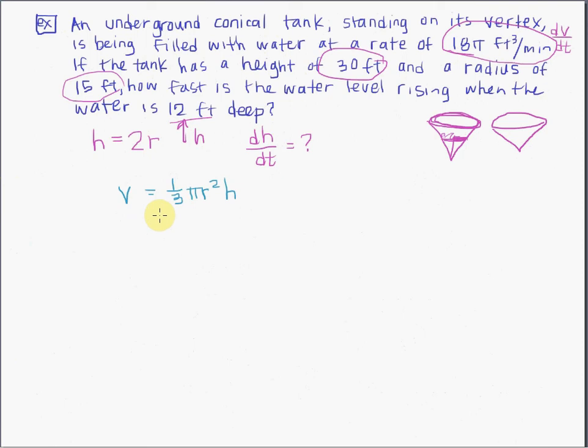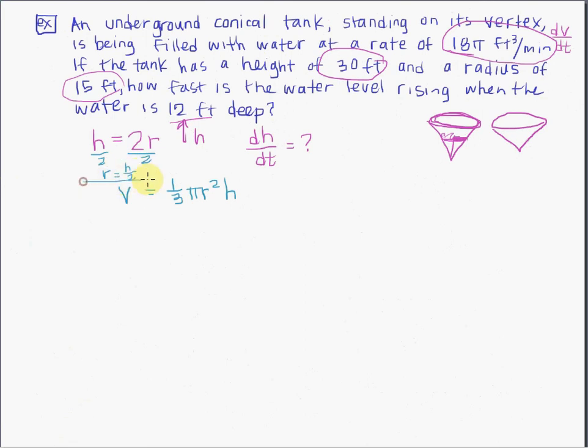So we're going to make some changes so that we can solve this, because you have two variables multiplied together here, and we're taking it implicitly. So we can substitute in, instead of r, I want to make it so this just has a measurement of h. We know from here, if we divide both sides by 2, that r equals h over 2.